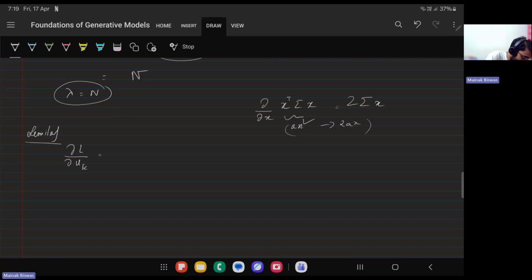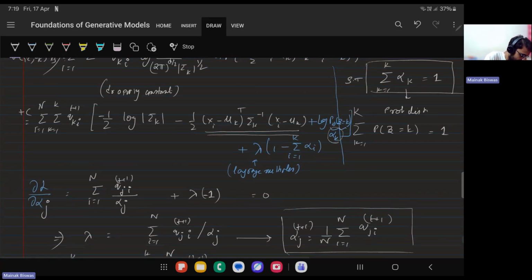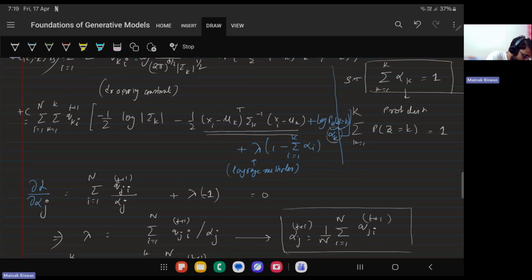So for mu k, if I take a derivative, I'll just copy this entire term. Just give me a moment. I'm just copying this.